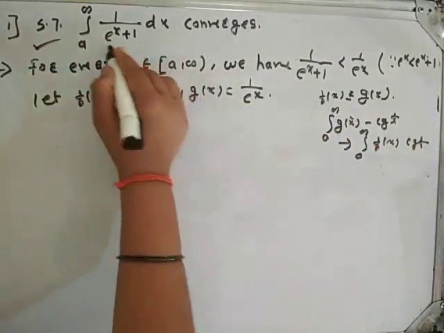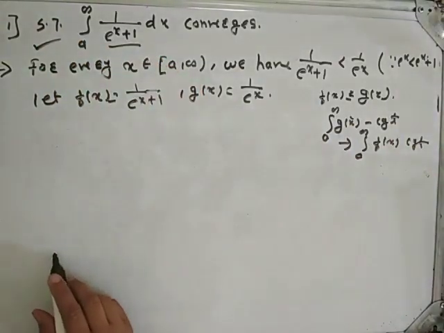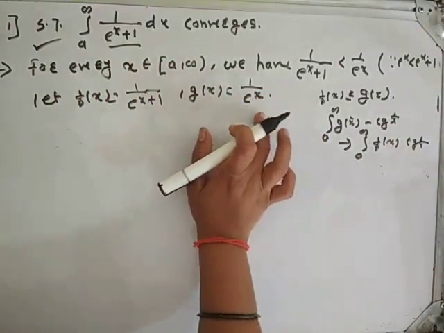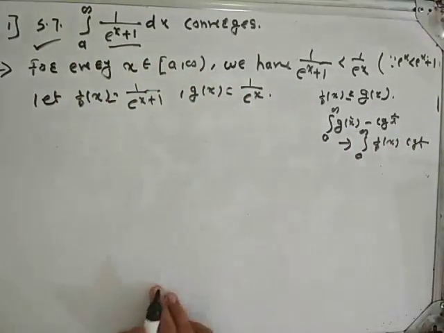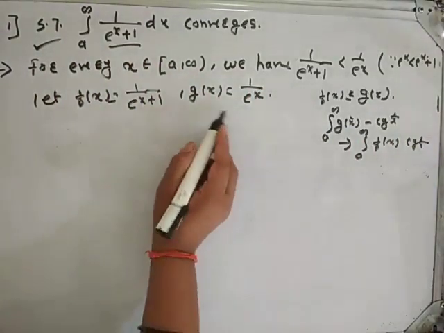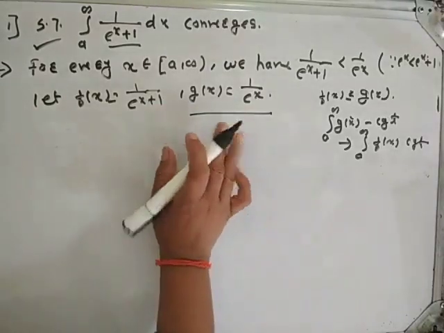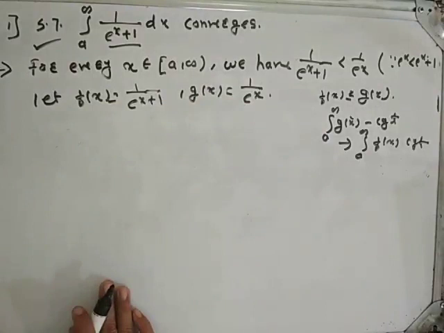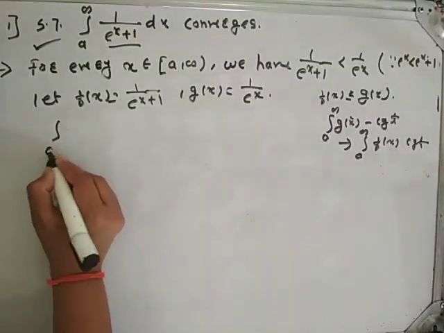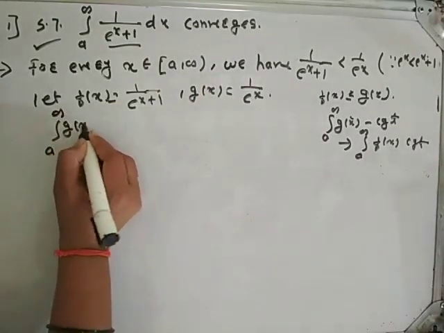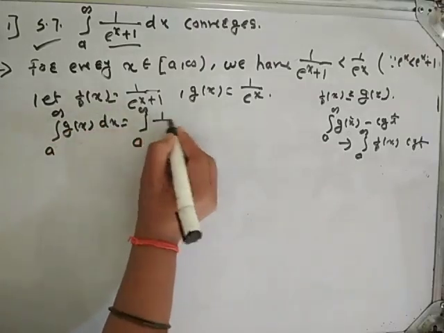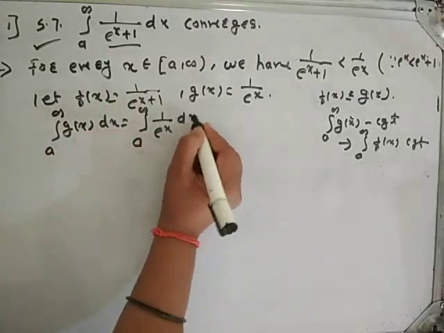Here we have to show that this integral g of x dx is convergent. So integration from a to infinity g of x dx is equal to integration from a to infinity 1 upon e raised to x dx.